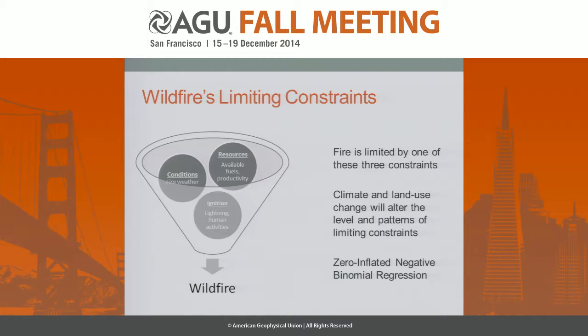Without assuming that we're changing the plant distribution, we're proxying some of those changes, where we expect that areas that get significantly drier should have fewer resources available to burn, et cetera.